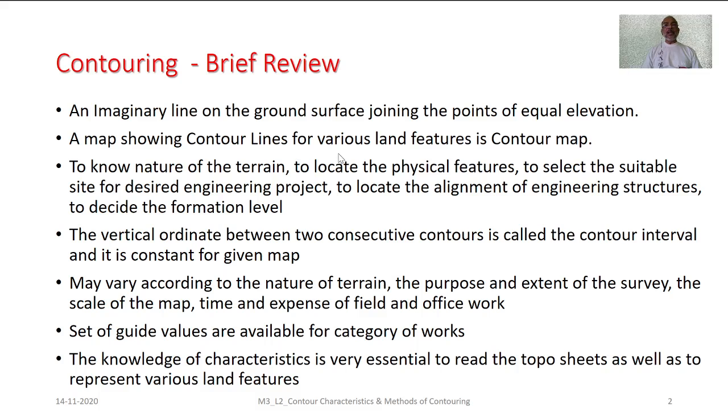The contour map is essentially used to know the nature of the terrain, to locate the physical features, to select the suitable site for a desired engineering project, to locate the alignment of engineering structures, and to decide the formation level. The vertical ordinate in between two successive contours is called the contour interval, and it has to be constant for a given contour map.